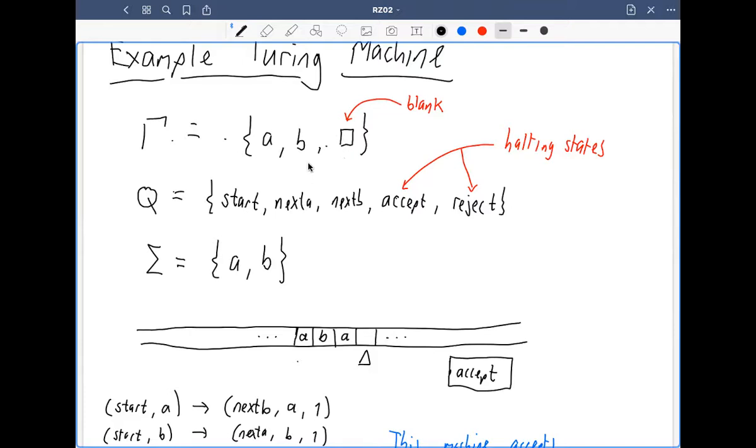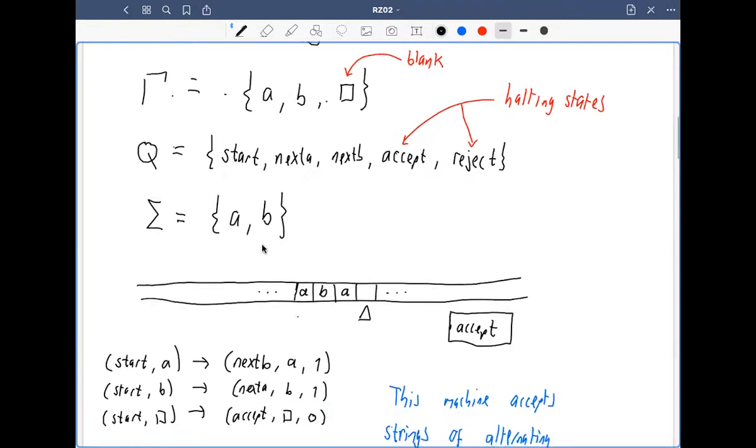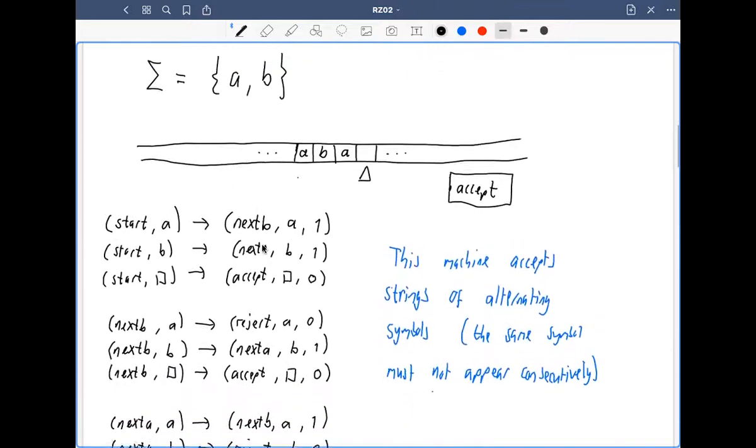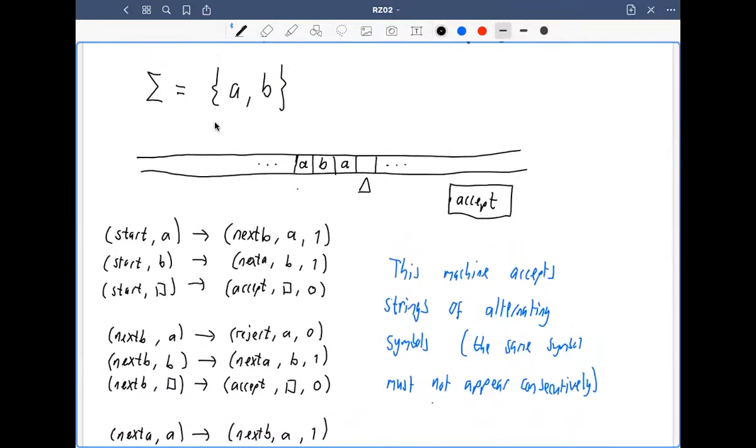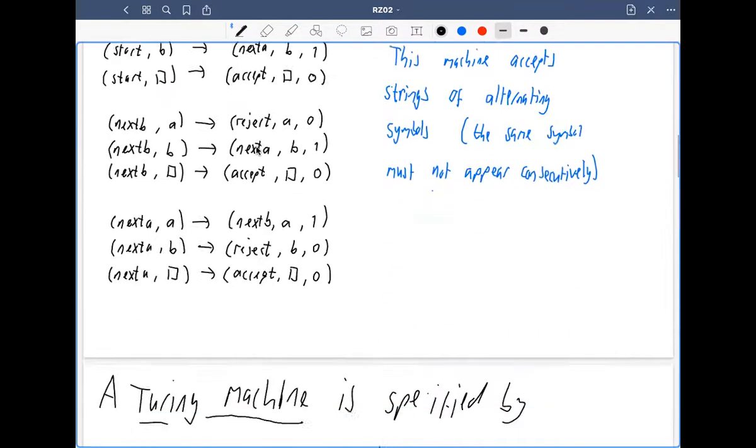So for that reason, you potentially allow Gamma to contain some other symbols that are not in the input alphabet. But what we do want to know is, when we give a machine input, what alphabet our inputs are allowed to be from, and that's the purpose of this capital Sigma here.